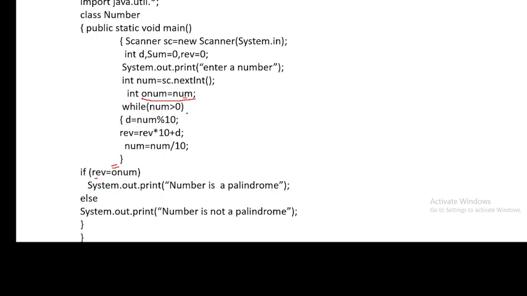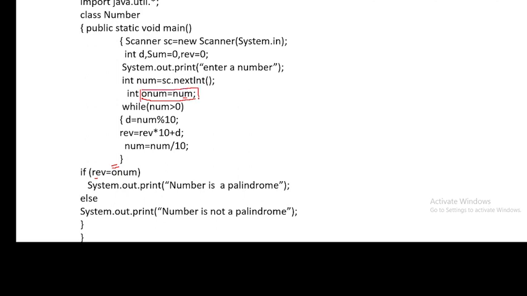Same program as in the previous slide, the complete program is the same. Only when we end up here, we have to check the number which we have obtained after reversing the digits, whether it is equal to the original number or not, because this statement is compulsory over here. Why?